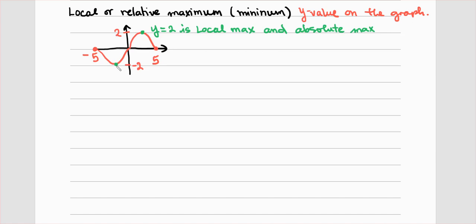So let's look at the lowest point on this graph. In this case, this lowest point is y equal -2. So this will be our local min and absolute min at the same time.